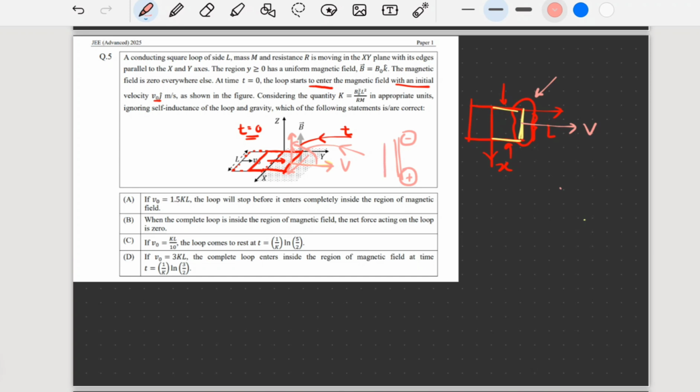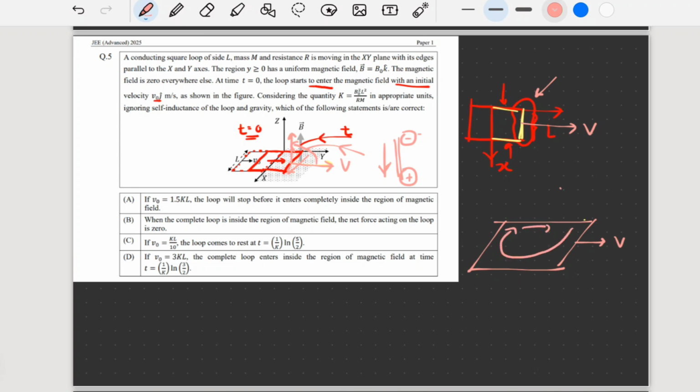That means this is the direction of the current flow, because electrons will accumulate on this side, and the opposite direction of the electron flow is the current flow. So current will flow in the loop like this, where V is the velocity.